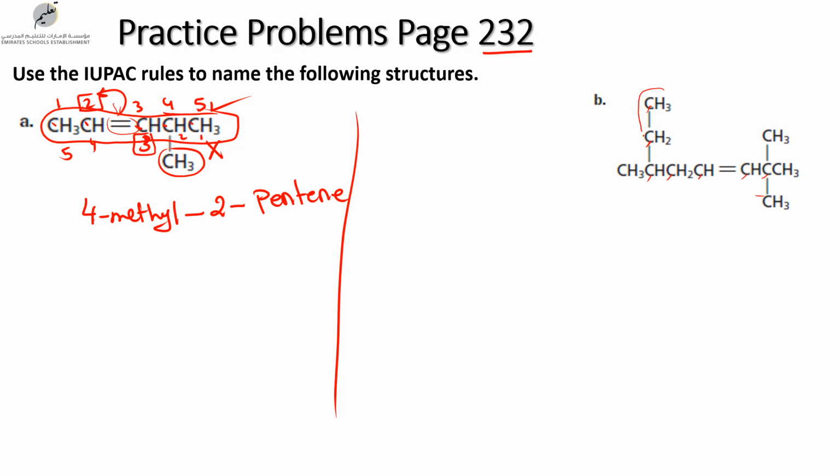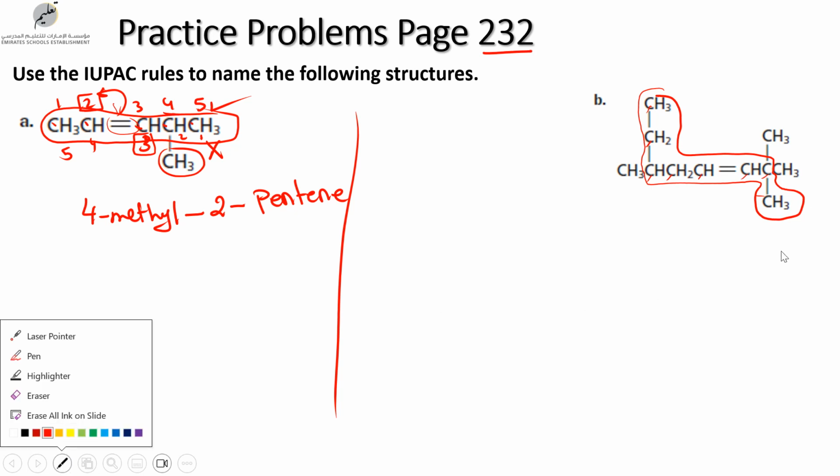So if I choose this chain, I have 8 carbons here. Sorry, no, it's not like that. Wait, 1, 2, 3, 4, 5, 6, 7, 8. Yeah, you can choose it.